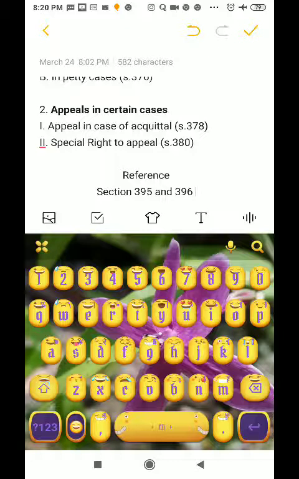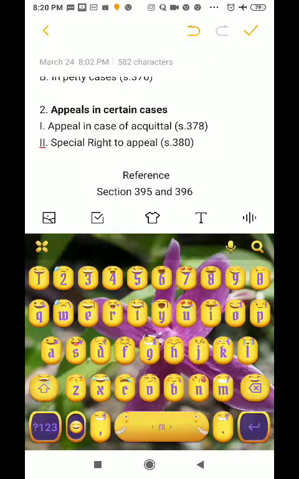Reference denotes reference to the High Court. So for referring something, you have to ask a question of law before the court, that is the High Court.